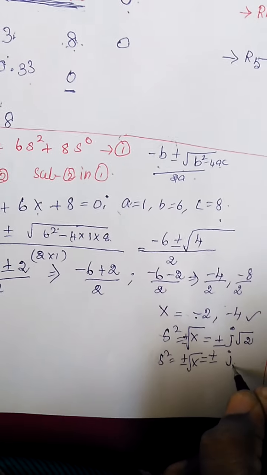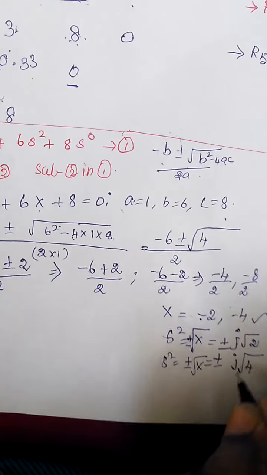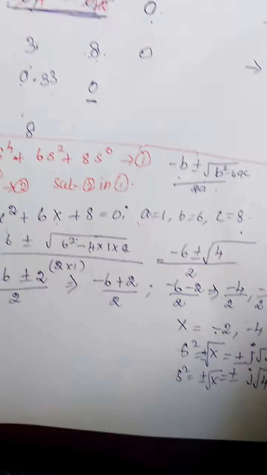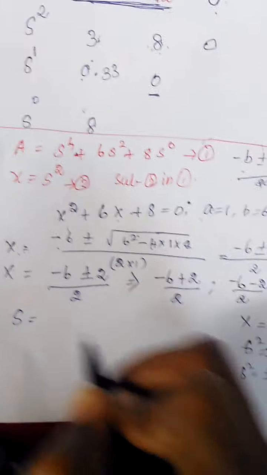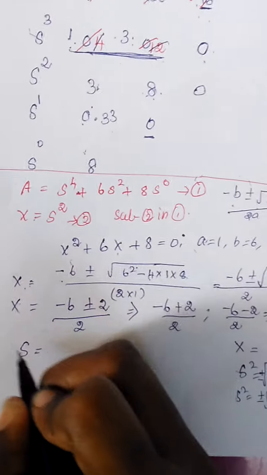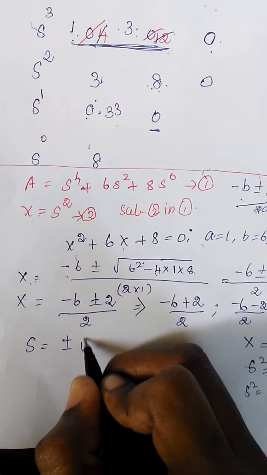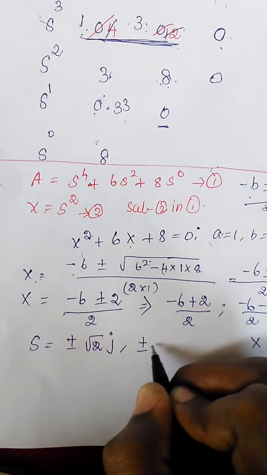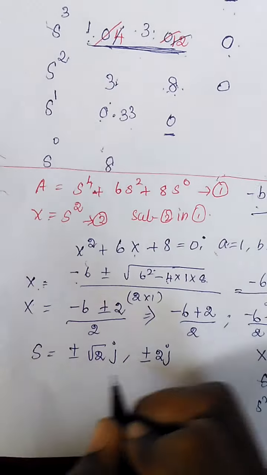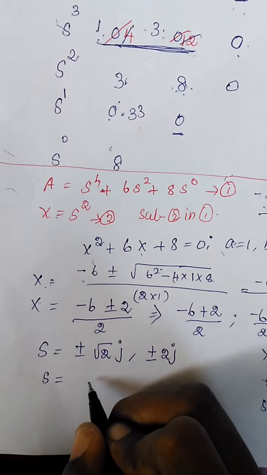So what's your answer? You have collected 4 roots like this. S equals plus or minus root 2j, and another one is plus or minus 2j. So from this, how many positive signs are there?